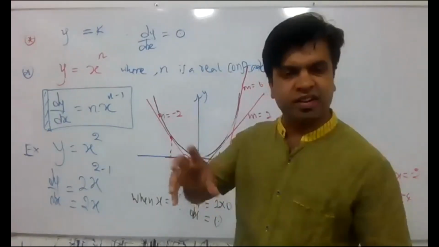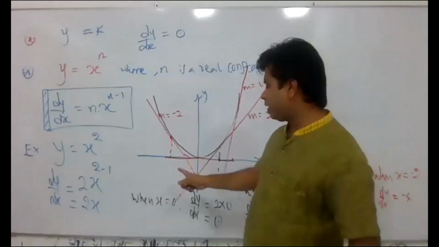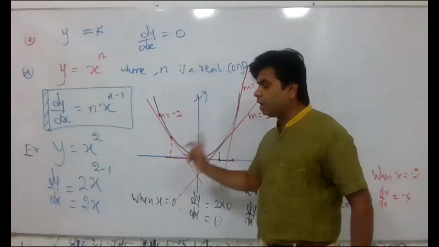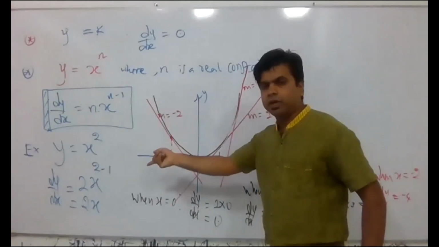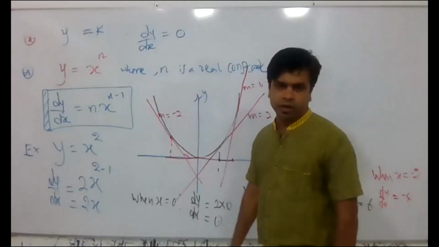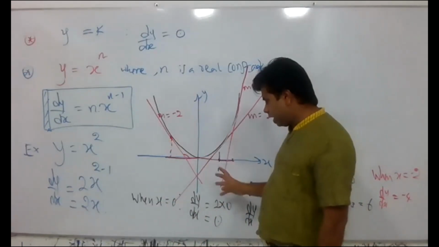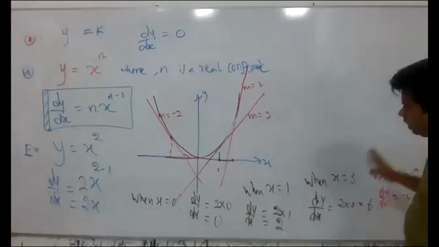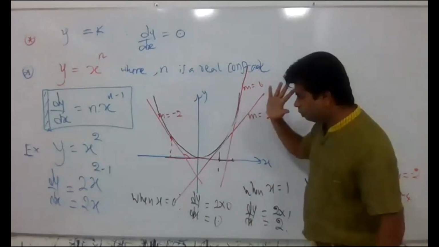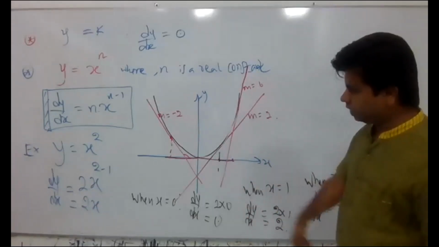Because it's a variable gradient. Each gradient at each point can be determined by substituting the x values. This is a simple idea. Okay, now let's take this example practically and mark the corresponding points. Then we can go for further functions. Please take this also.